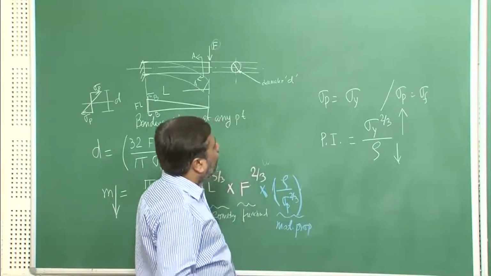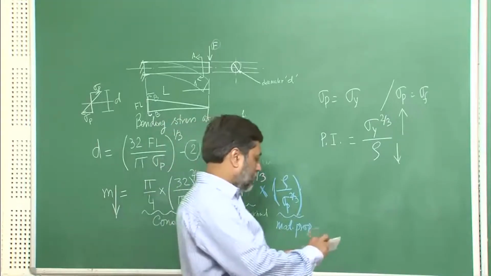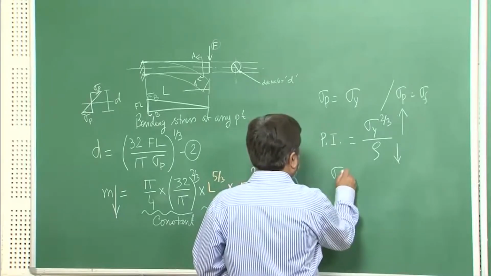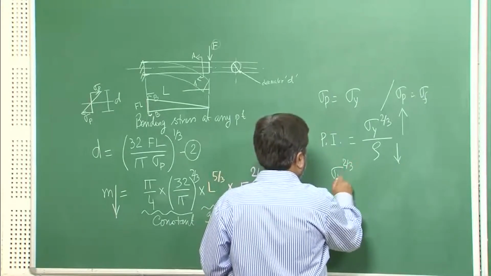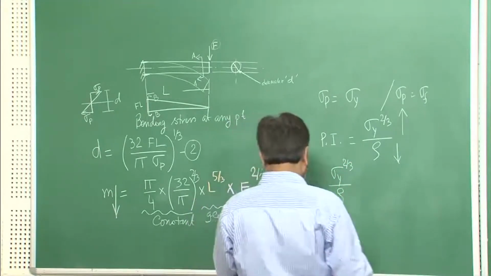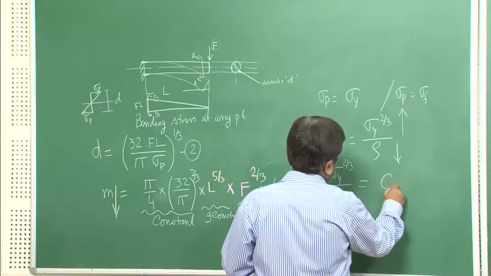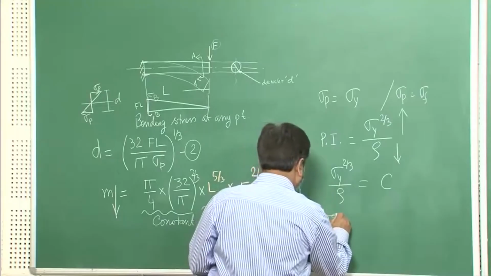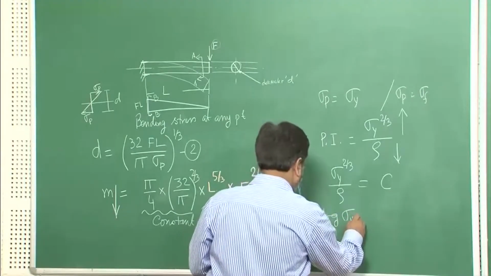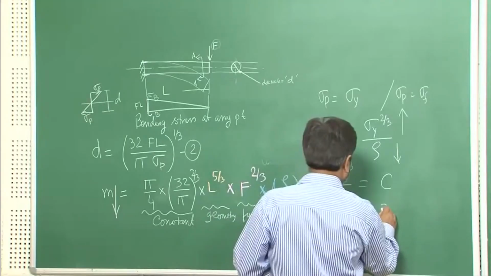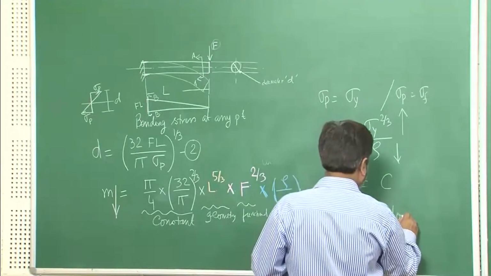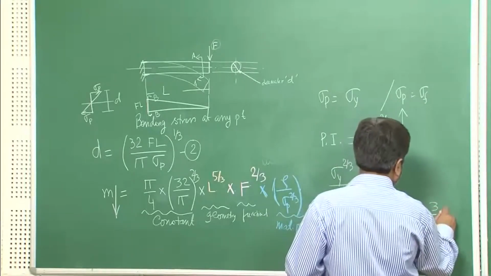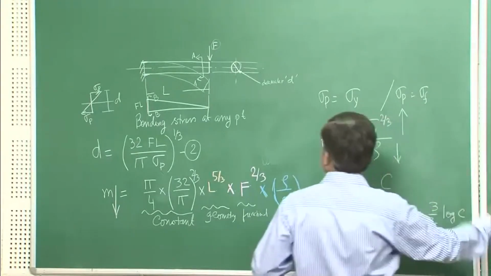So, that is where we need to once again draw a logarithmic curve. Suppose I say that the constant value of this is c, then I can write that log of sigma y equals 3/2 log of rho plus 3/2 log of c.